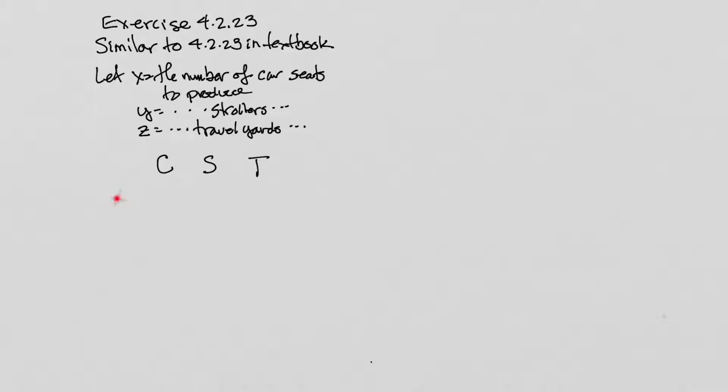Each of them takes some time for creation, some labor hours for assembly, and some labor hours for finishing and packaging. Now we're going to have some available hours over here, so let's get our table and fill it in.